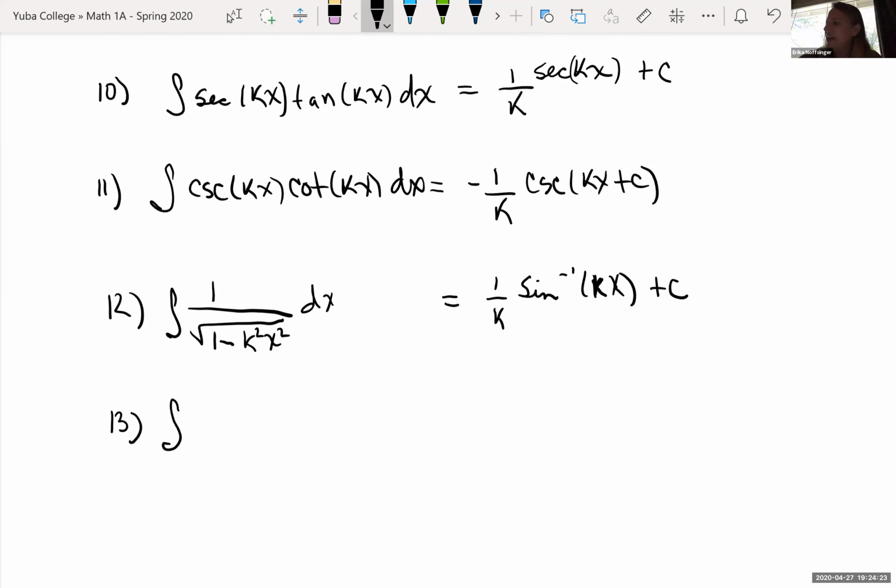If you were looking at tangent inverse, that would be the antiderivative of 1 over 1 plus k squared x squared dx.